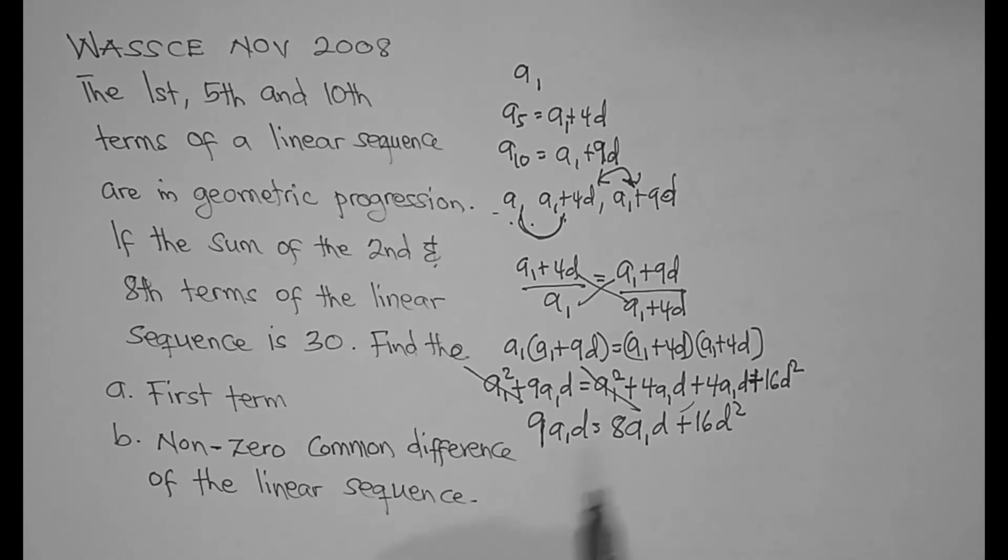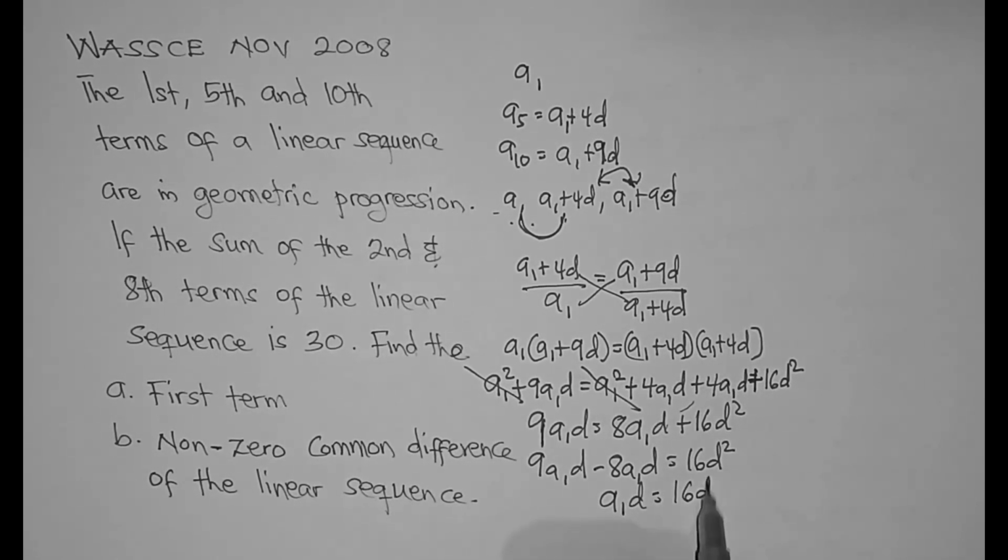Or better still, I could take 8A1D to the left hand side, so that we have 9A1D minus 8A1D equals 16D squared. So 9A1D minus 8A1D becomes A1D equals 16D squared. So this is our equation 1.